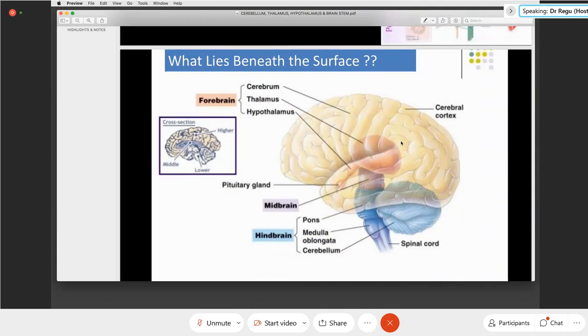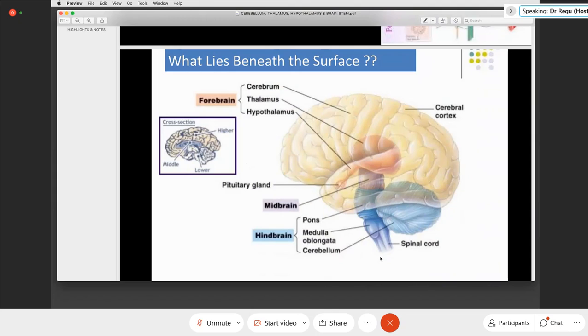Just below the thalamus, we have the hypothalamus, which is also another important integrative center of the brain. Now, connected to the thalamus and the hypothalamus is the brainstem. The brainstem is the center of all activity in our brain. It is responsible for consciousness and contains important centers for breathing and heart function, and also has the nuclei of the cranial nerves.